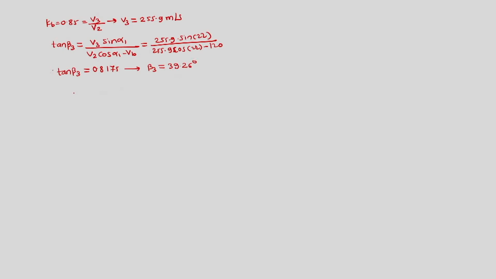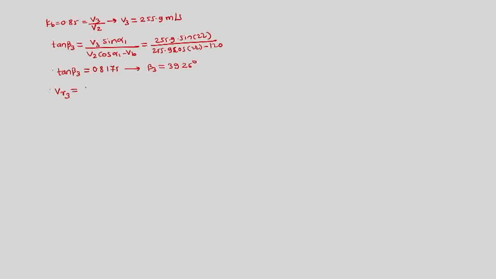and this gives us beta 3 equal to 39.26 degrees, and this is useful to find VR3, which is the relative velocity at the inlet for the second stage. We can have VA3 equal to V3 sin alpha 1 equal to VR3 sin beta 3. So we can use this.